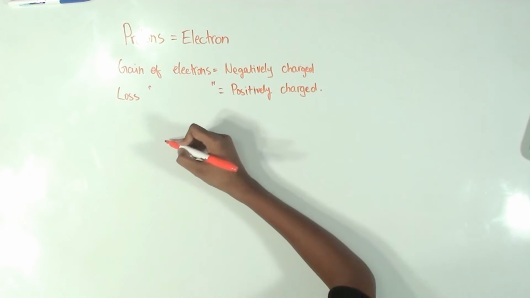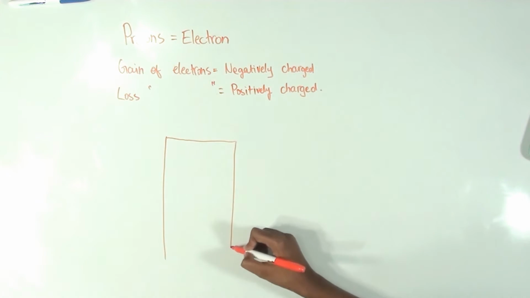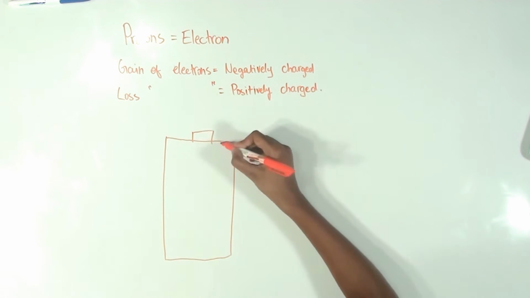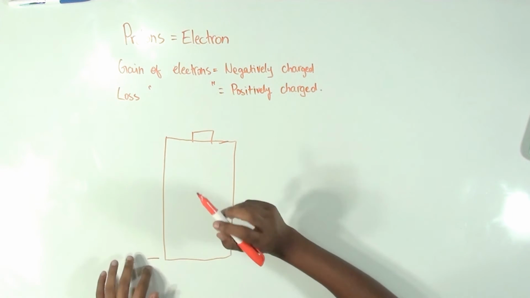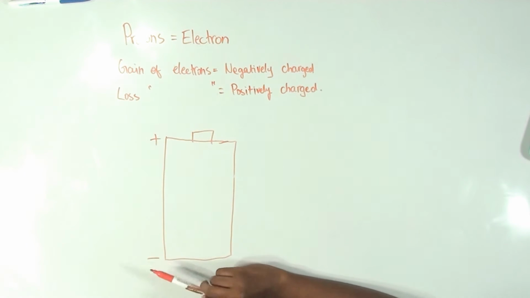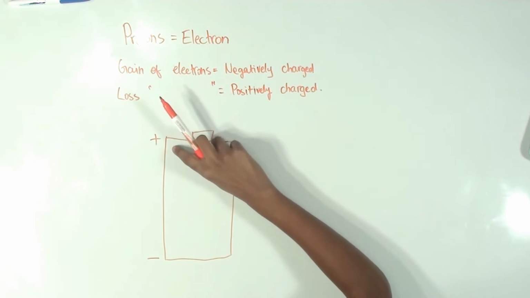So if we take a battery, for example, you'd always see that one side has the negative symbol and the other side has a positive symbol. This is because this side is negatively charged and this side is positively charged.